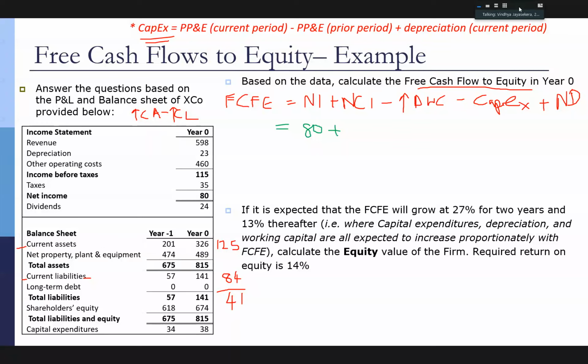Depreciation 23. Yes. Then I had to also adjust my income statement for payables and receivables. How much is that? It's 41. Yes, 41 positive.